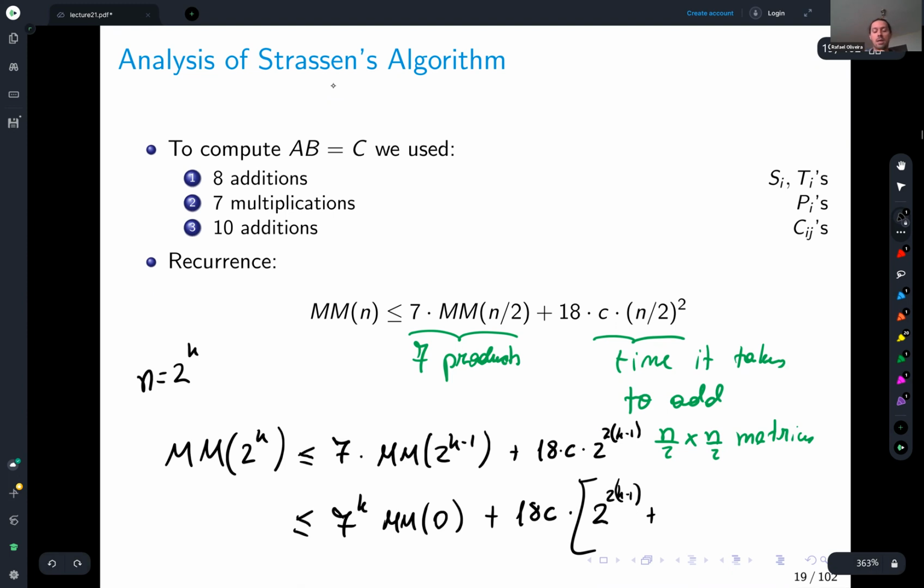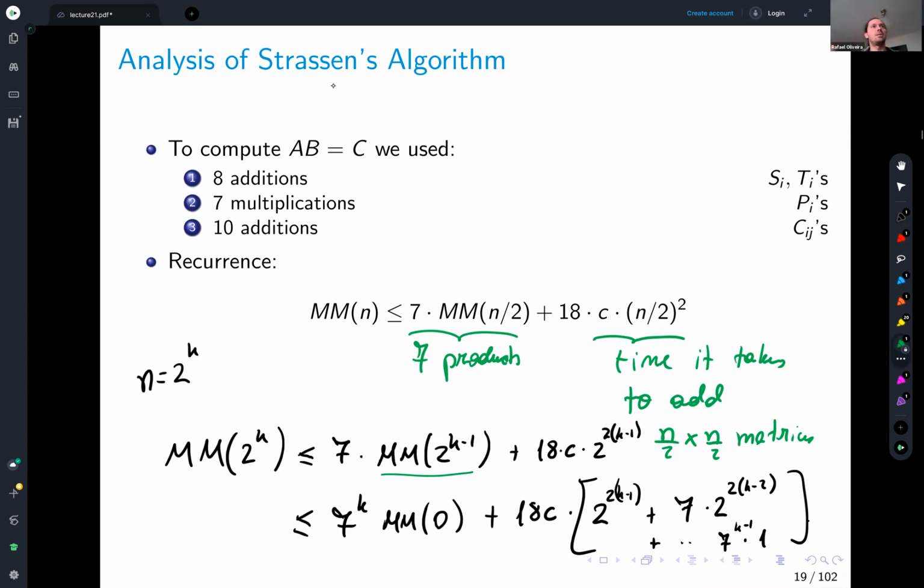And then we're going to have 7 times 2 to the 2k minus 2, plus all the way up to 7 to the k minus 1 times 2 to the 0 times 1. Correct? Because every time, if I unravel each of these recurrences, I have 7 times the cost of the addition. Does that make sense?